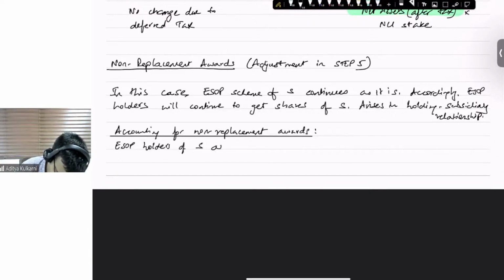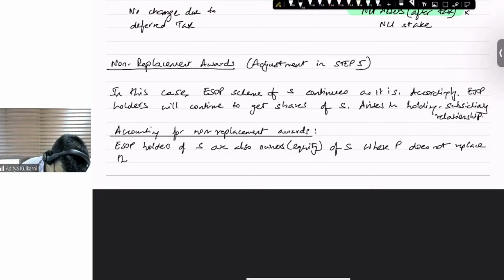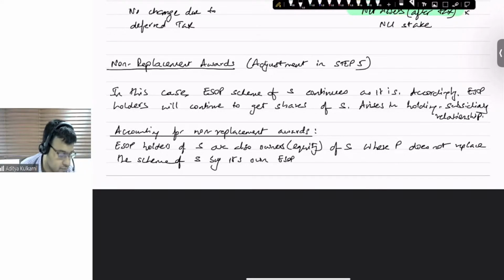ESOP holders of S are also owners' equity of S, where P does not replace the scheme of S by its own ESOP schemes.